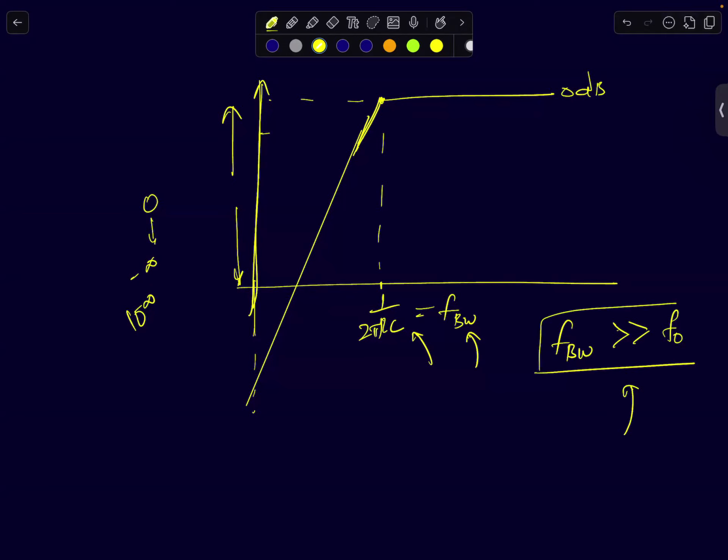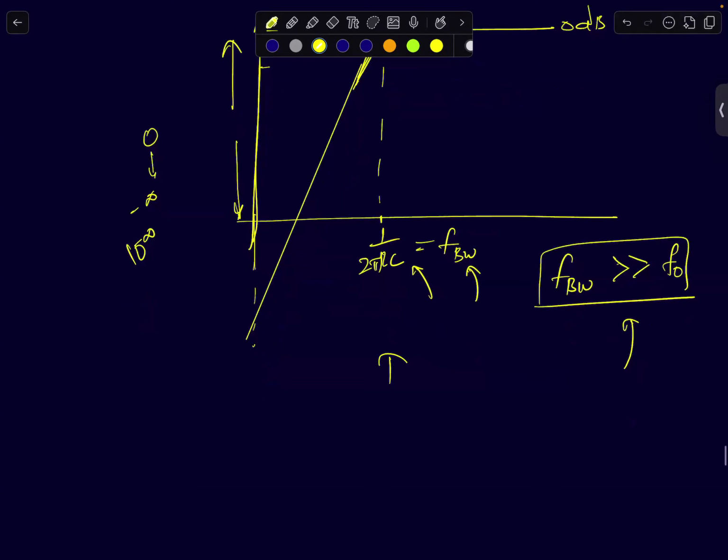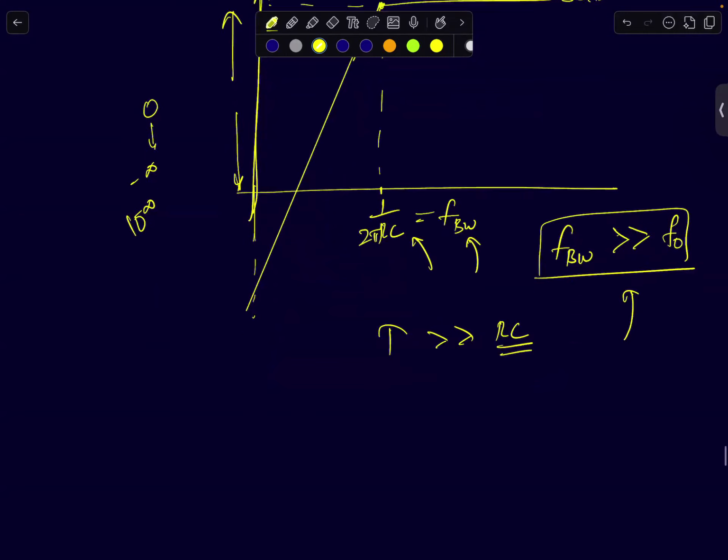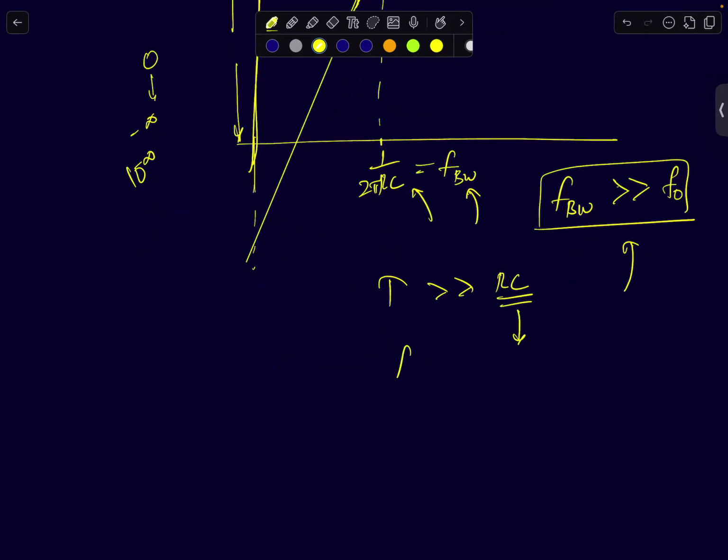Small time constant, large bandwidth. Bandwidth is the inverse of time constant. So this translates to F bandwidth being much greater than 1 by T, which is F naught.